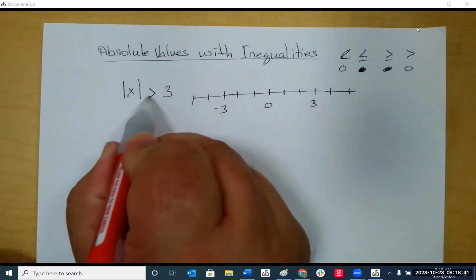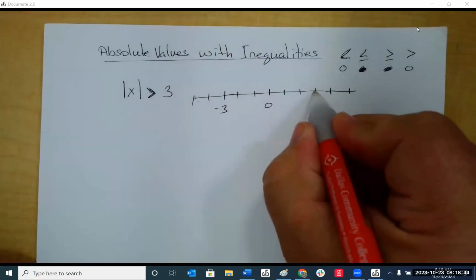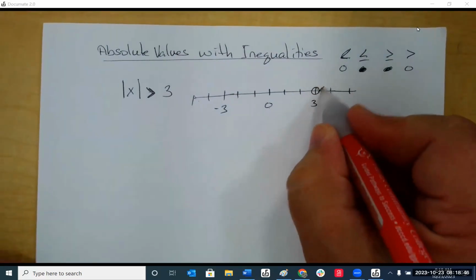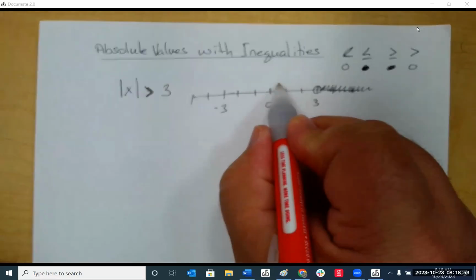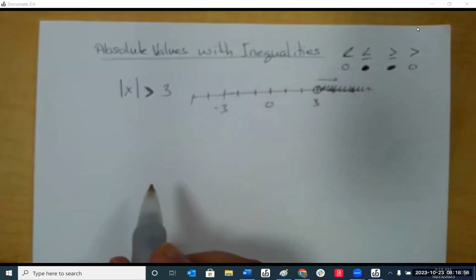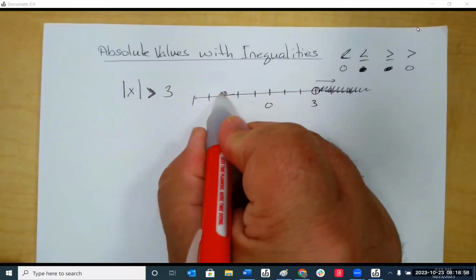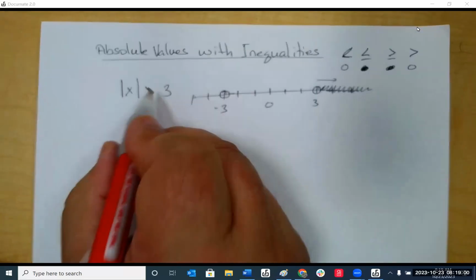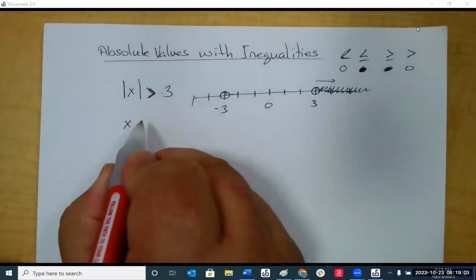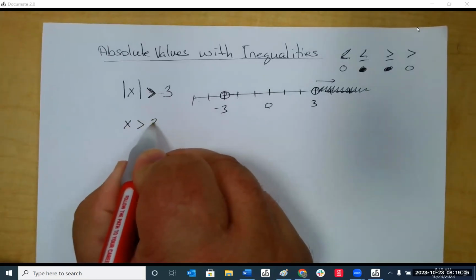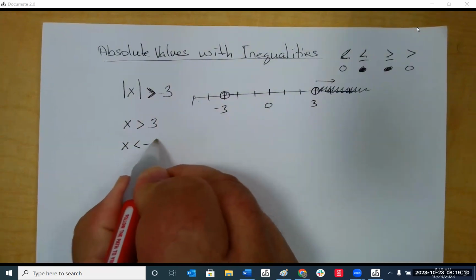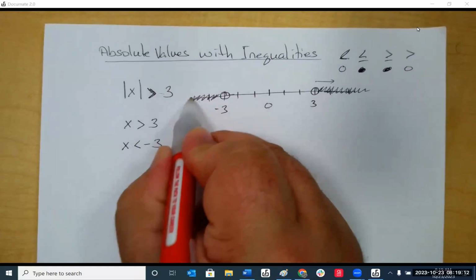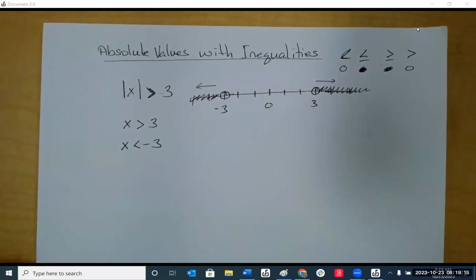This is strictly greater than, so it's an open circle at 3, and it's greater than 3. So it's going away from 0. So we do the same thing on the other side, at -3, because when we drop the absolute value sign, one side's greater than +3, but the other side has to be less than -3, because it has to go away from 0.